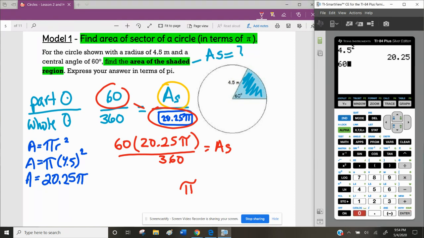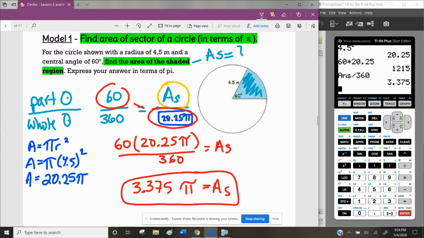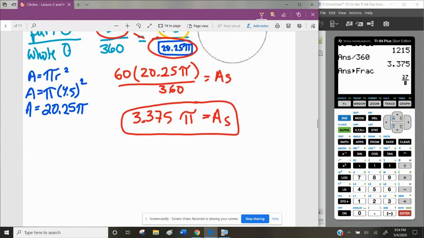So 60 times 20.25, that's everything that's on top in that fraction, divided by 360, gives me 3.375 pi for the area shaded. And you could write that decimal as a fraction, and we would have 27 over 8 pi, so that's also an acceptable answer if you are interested.